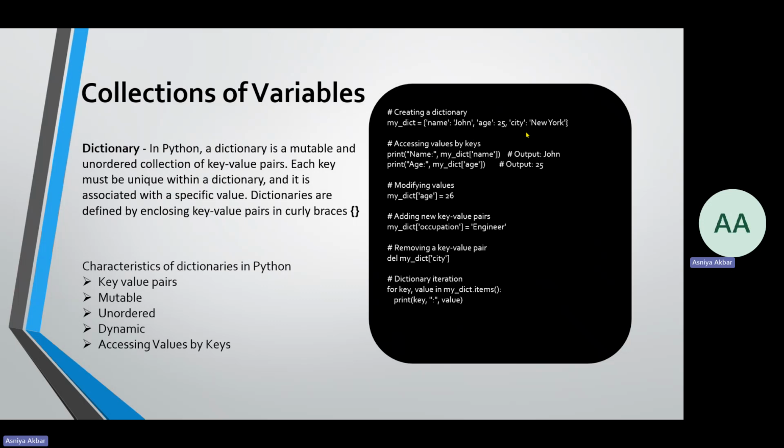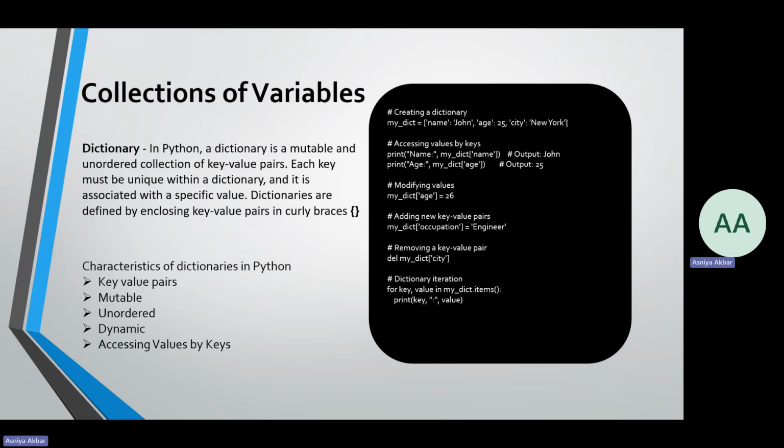And John, 25, and New York are the values associated with them. So dictionaries are mutable, meaning that you can add as well as modify all of these, or even remove a key value pair after the dictionary has been created. So this makes a dictionary a very flexible and dynamic data structure.